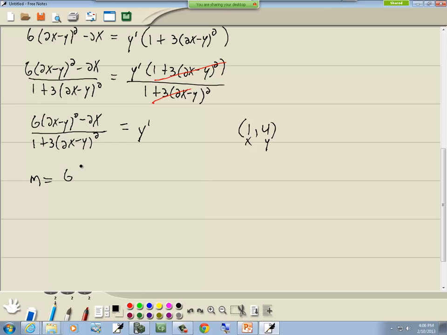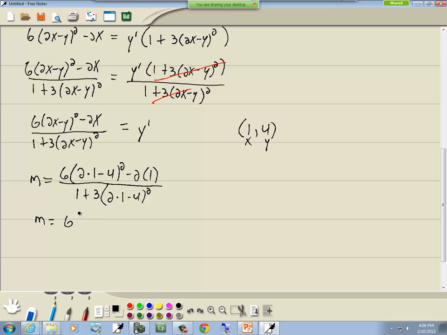So this is 6 times (2 times 1 minus 4) squared. Let me just keep it simple. Okay, 6 times (2 times 1 minus 4) squared minus 2 times x, which is 1, over 1 plus 3 times (2 times 1 minus 4) squared. 2 times 1 is 2, minus 4 is negative 2.